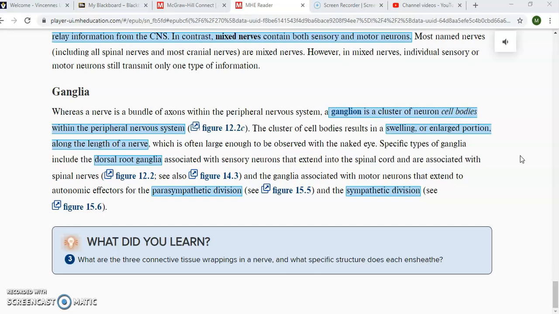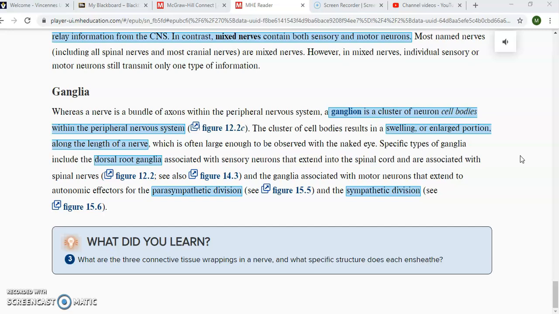You'll identify certain ganglia. In lab 9, you'll need to be able to identify on our spinal cord models the dorsal root ganglion, or you can call it the posterior root ganglion. The other ganglia that we'll talk about are associated with the autonomic motor neurons.